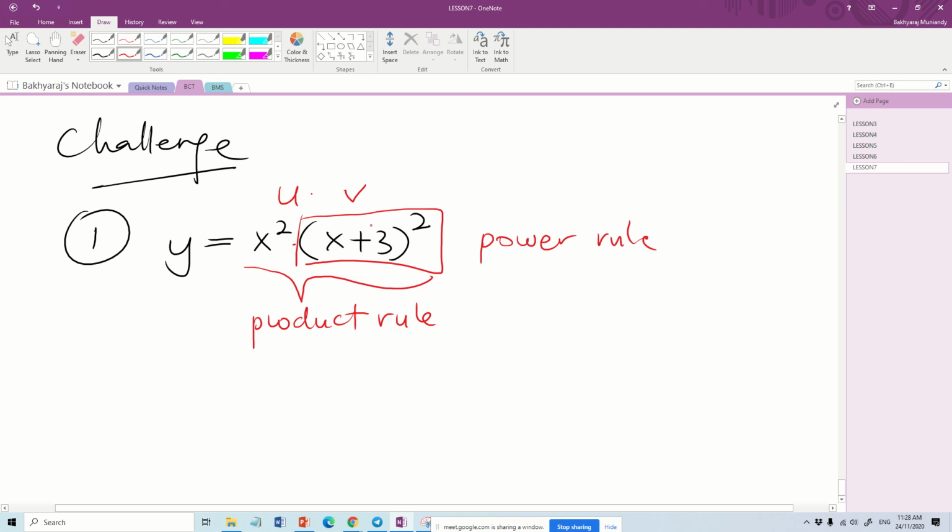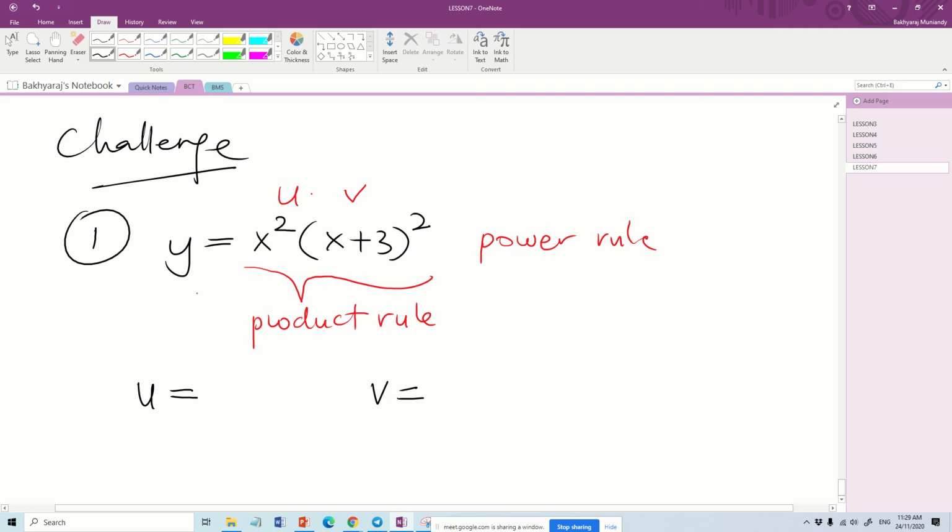Okay, first, since we know that this is a UV problem, so kita label dia dulu. Label dia U dengan V dulu. What is your U? U equal, and then V equal. Label dia dulu because this is a dot, dot maksudnya darab.